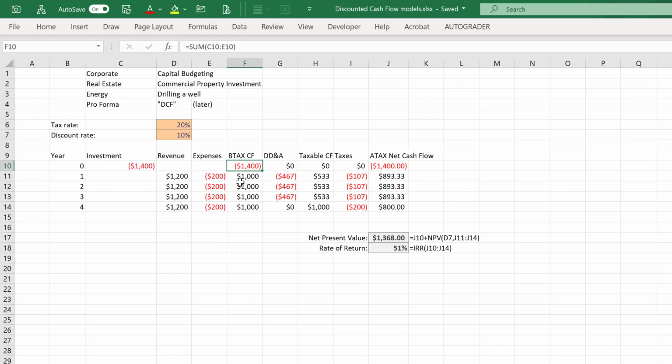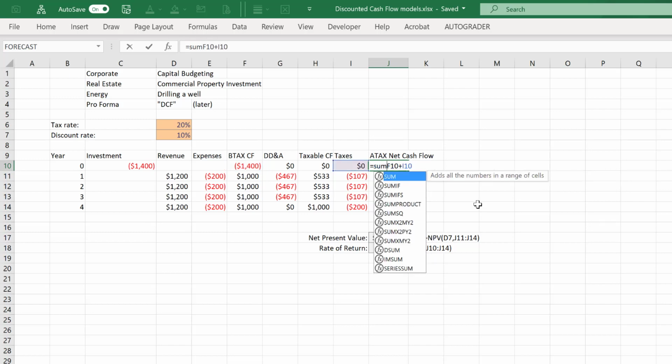If you will stick with that convention where your outflows are negative, your inflows are positive, and you're adding things with the sum function, and notice we can use a full range like I did here, or we can use commas inside that sum function, if you'll do that, you'll never have any problem with signs. If you come over here and start saying, well, do I take the before-tax cash flow and add or subtract the taxes? Then I promise you'll get confused at some point.